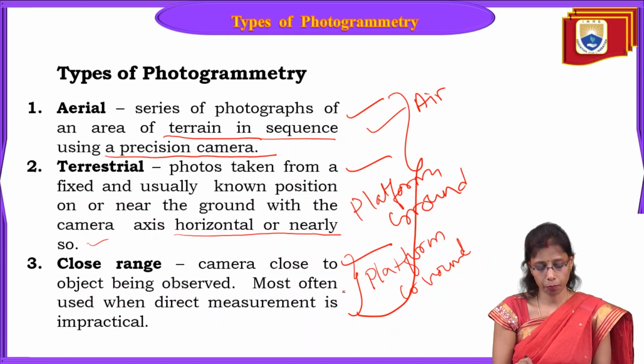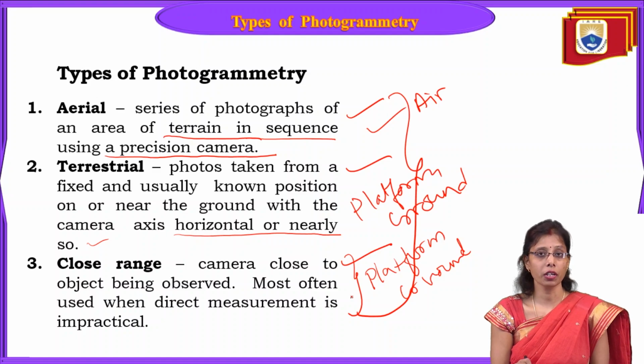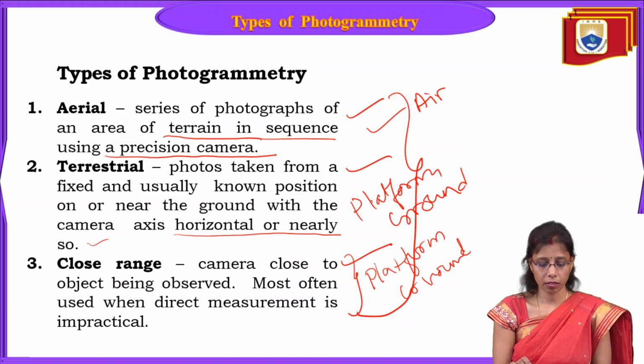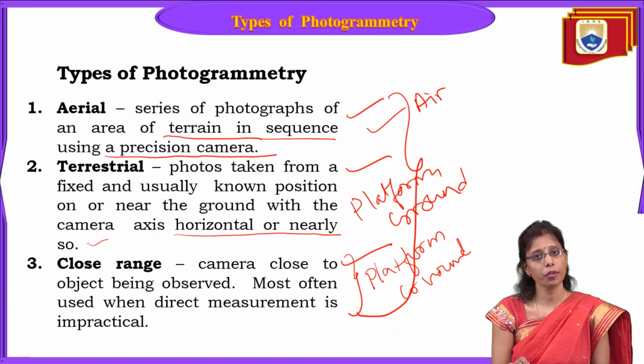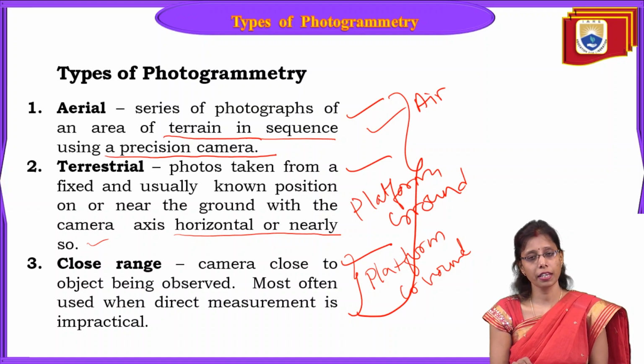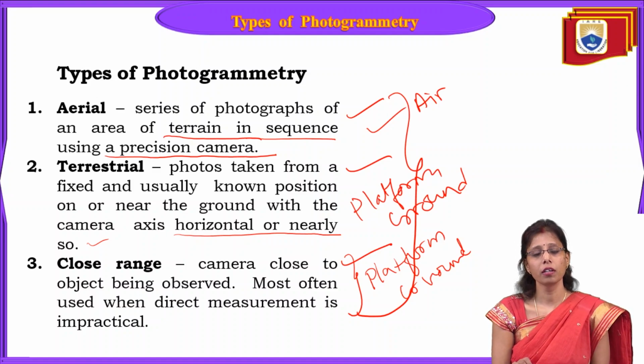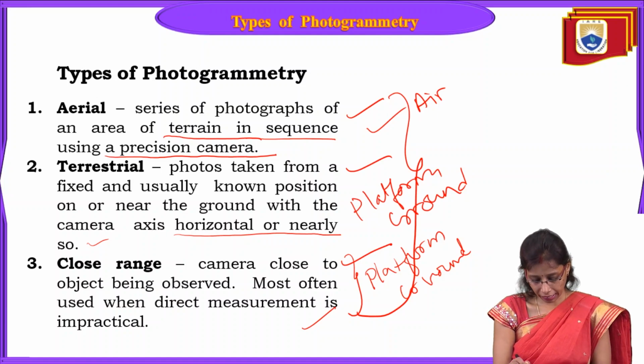These two types, terrestrial and close range, are taken from the ground platform. Terrestrial means a distance of 1, 2, or 3 kilometers, whereas close range means the camera is very near, at a distance of 1 or 2 meters. We use close range photogrammetry for capturing nearby information without touching the object. So these are the three types of photogrammetry.